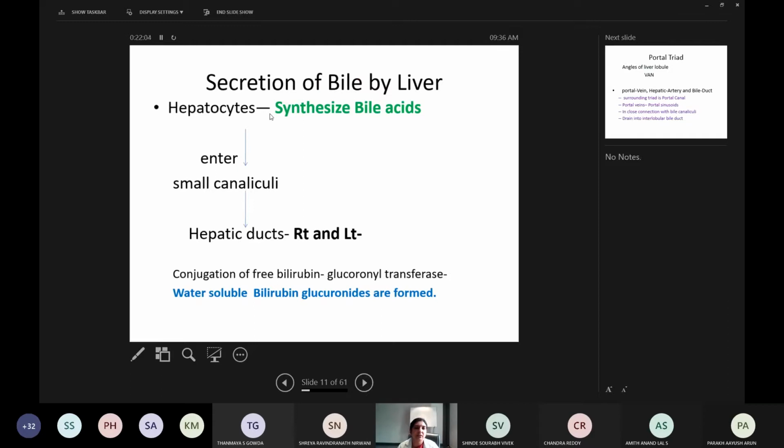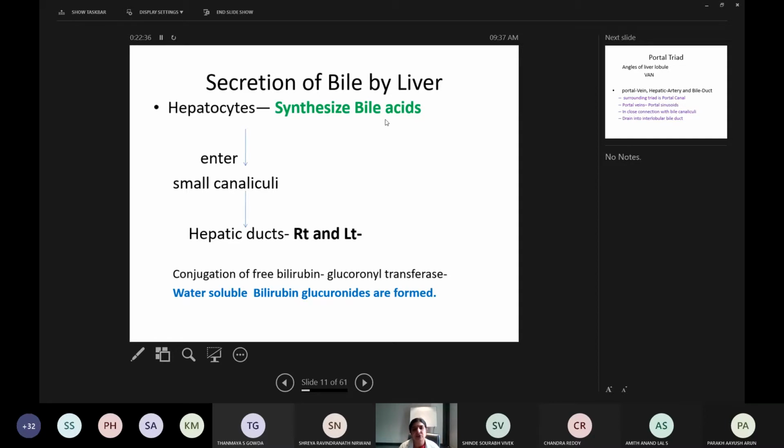Now coming to the secretion of bile by the liver. As I told you, the liver is going to synthesize and secrete bile, and then this bile will be transferred to the gallbladder through the cystic duct. What is the composition of bile in the liver or hepatocyte? We will see now. Hepatocytes are the site where the synthesis of bile acids takes place.